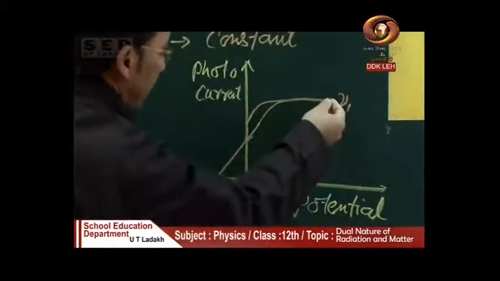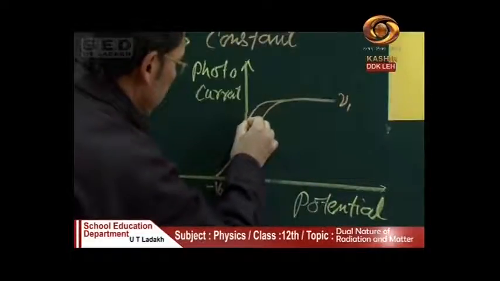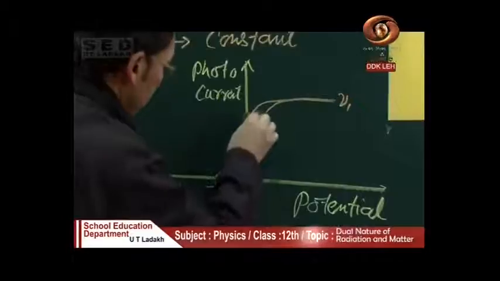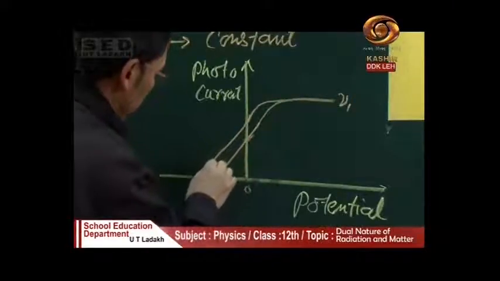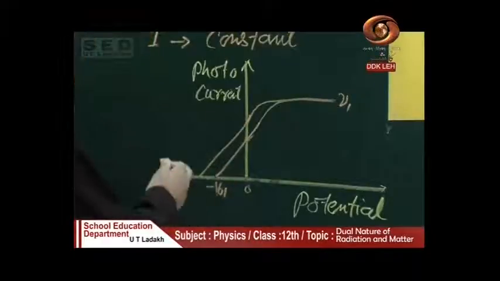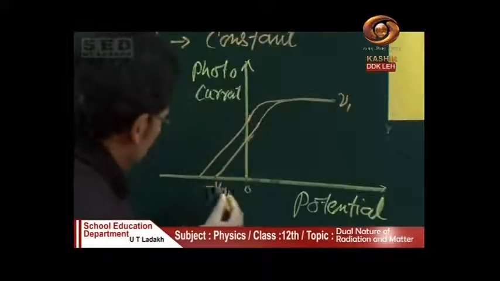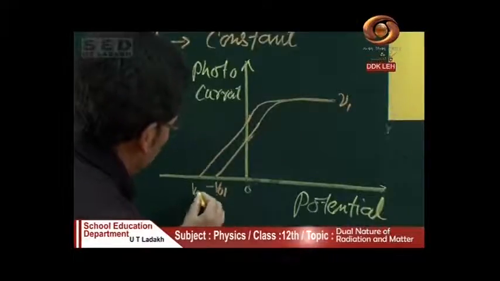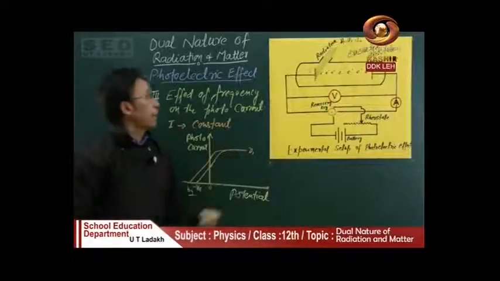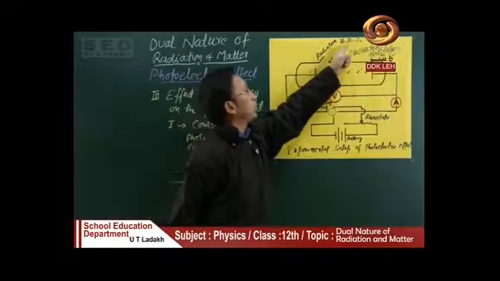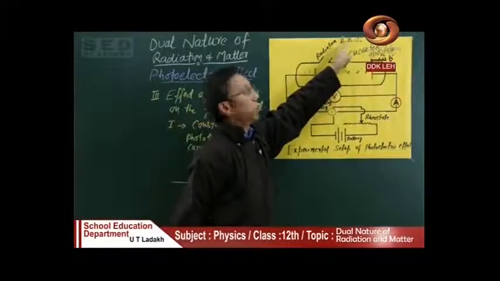Now if you decrease the potential of plate A, it will come like this. The current will decrease, and then the current becomes equal to 0 at a particular value of the potential of plate A. This is V02, the stopping potential when we have used the frequency nu2.